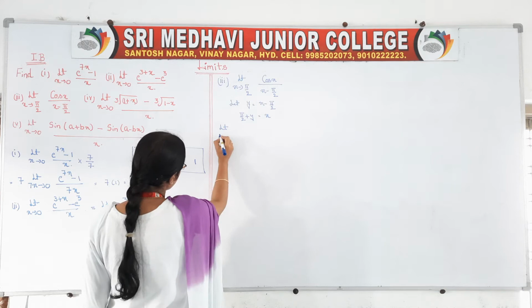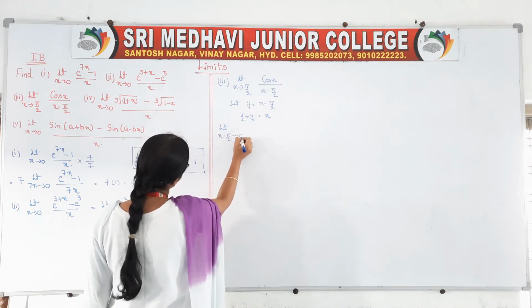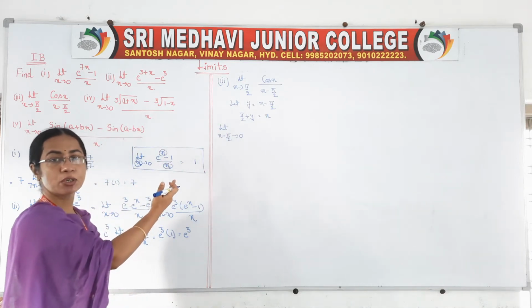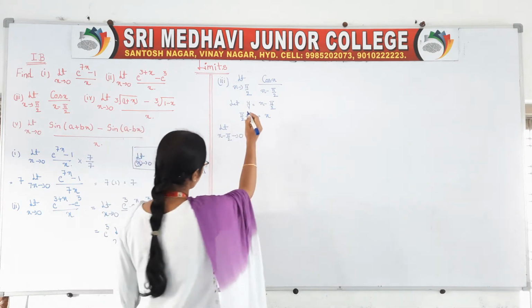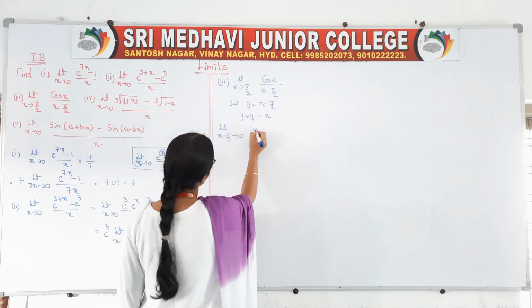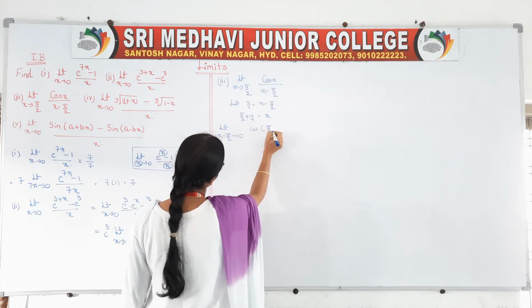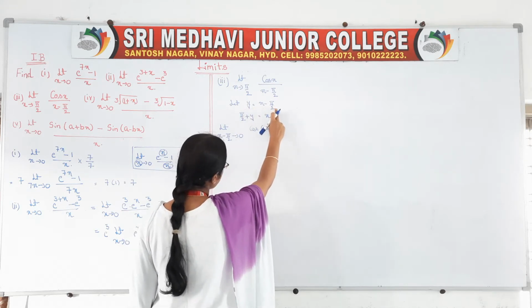Bring that pi by 2 to this side, what happens? x minus pi by 2 tends to 0. If x tends to pi by 2, then x minus pi by 2 tends to 0. Cos of x, in x place we have pi by 2 plus y, since we considered y is equal to x minus pi by 2.